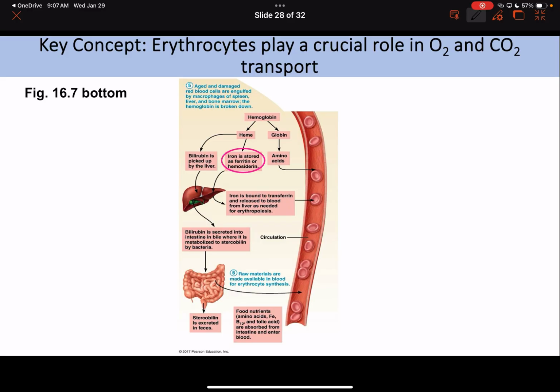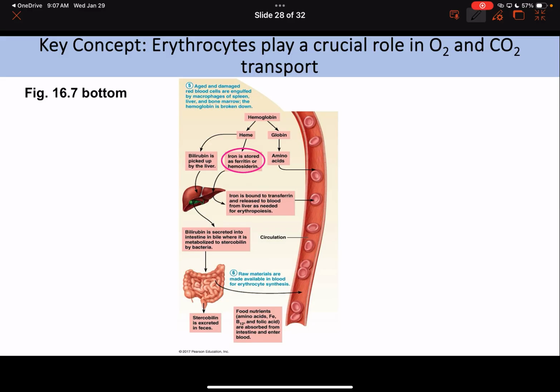So when it's time to recycle our red blood cells, we convert that iron into different forms so they're larger and harder to get rid of. So we store the iron as something called ferritin or hemosiderin, but you can use just ferritin, that's fine for studying purposes.